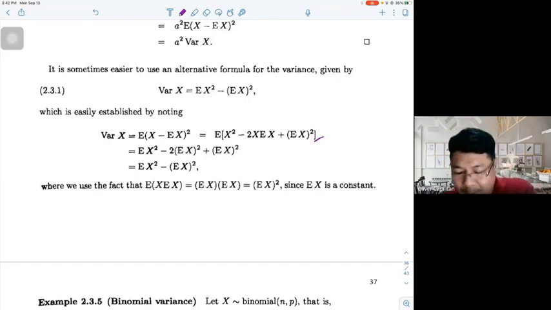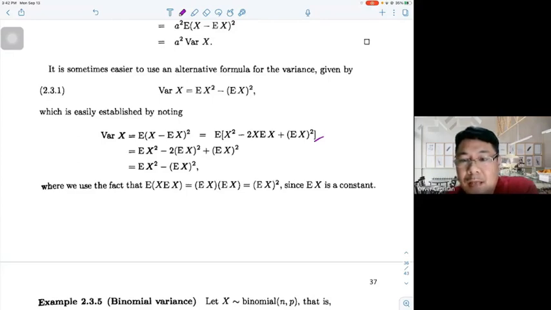And then after that, applying the expectation on each of these terms. Okay, the first term, x squared, is random, so we have the expectation of x squared. The only random here in the second term is the random variable x, because e of x is a constant, it's a real number. So we can have 2 times the square of e, the mean of x.